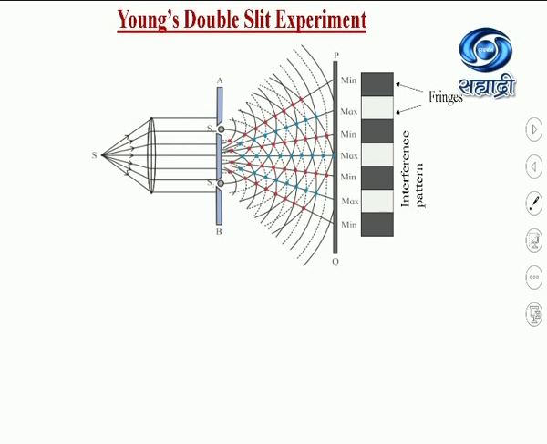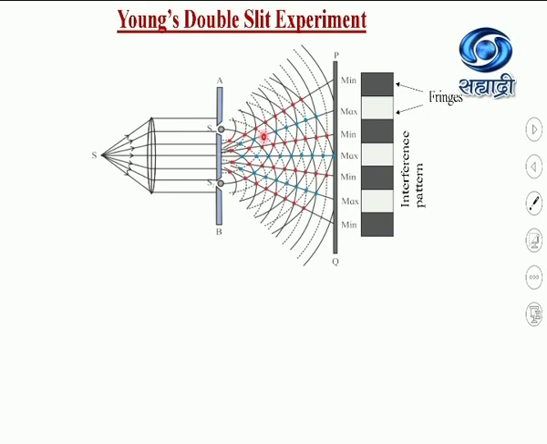That is, the resultant displacement at those points is maximum, and therefore the intensity at those points is also maximum. The points where constructive interference takes place are shown by blue dots.